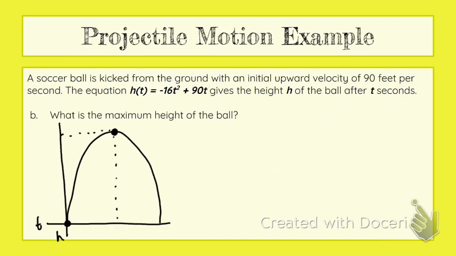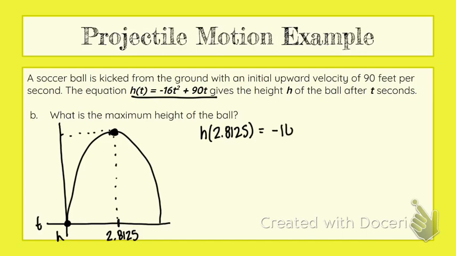The next part asks us, what is the height of the ball? So we know that the x value of this point, or the t, is 2.8125. So in order to find out what y equals here, or what h equals there, then we would use our equation to find the height at 2.8125 seconds.